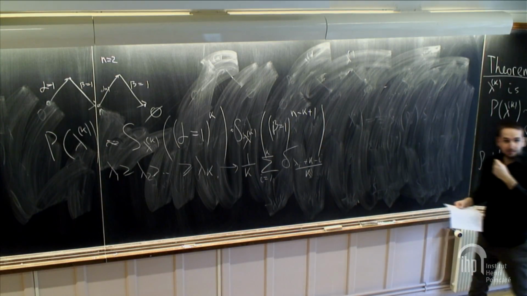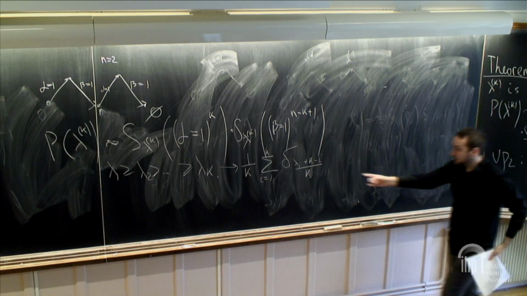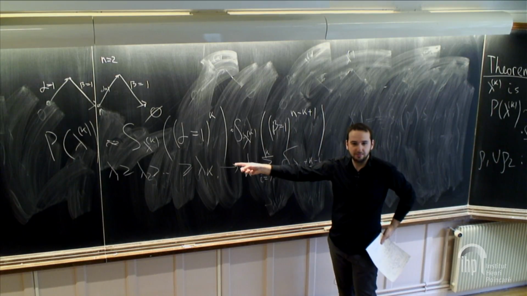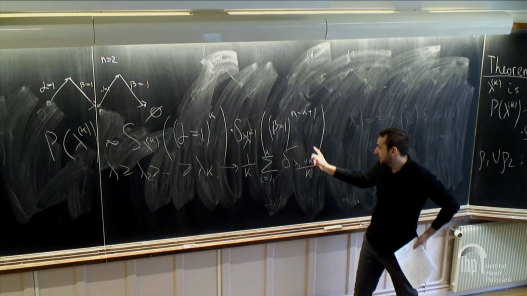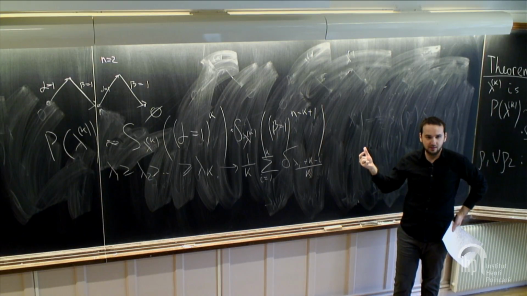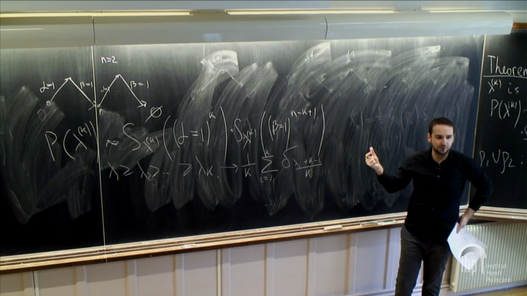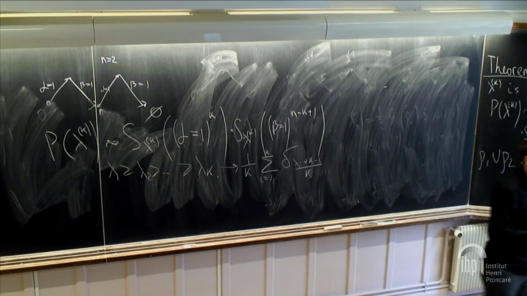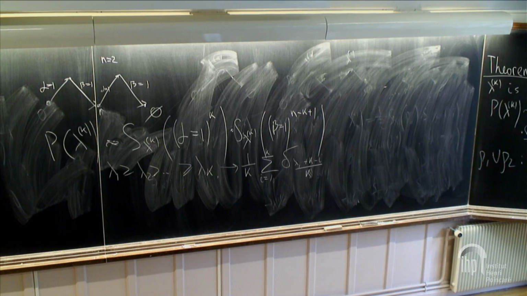What we will be proving is that this measure, of course, it is still a random measure because lambdas are random, converges to something deterministic. That will be our theorem for today. There is a kind of law of large numbers which says that this measure becomes deterministic.